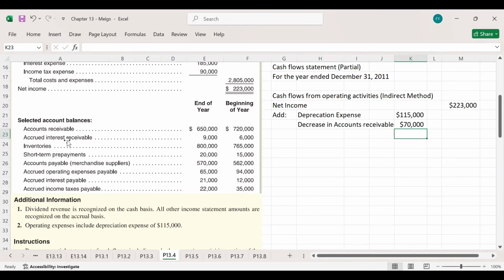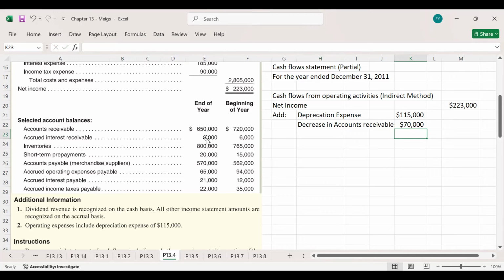Then accrued interest receivable. This is also a current asset, and you can see that from 6,000 to 9,000 means there's an increase. A 3,000 increase in accrued interest receivable.